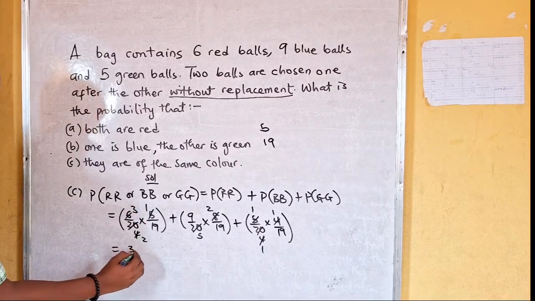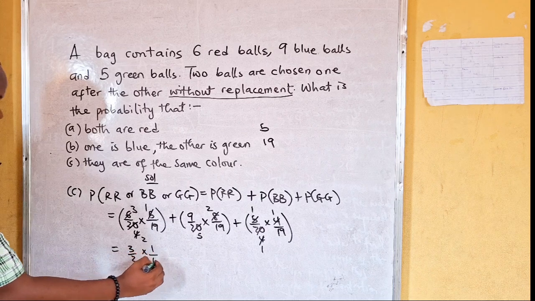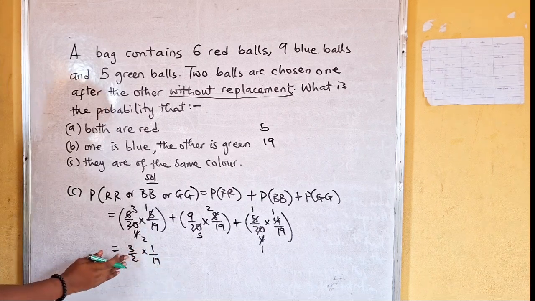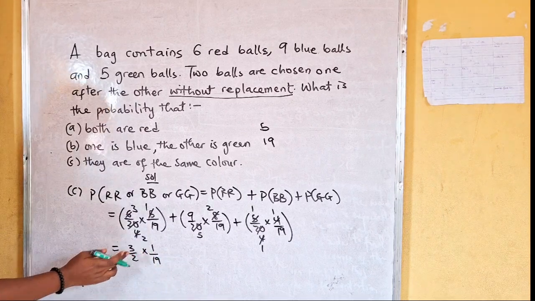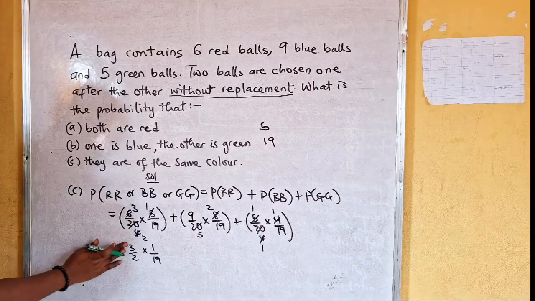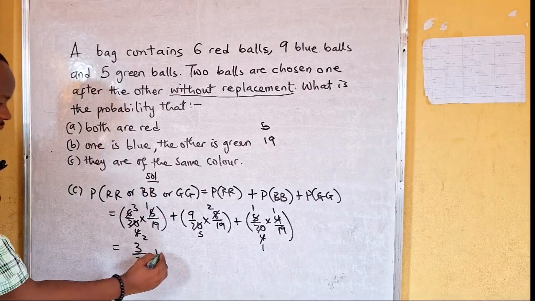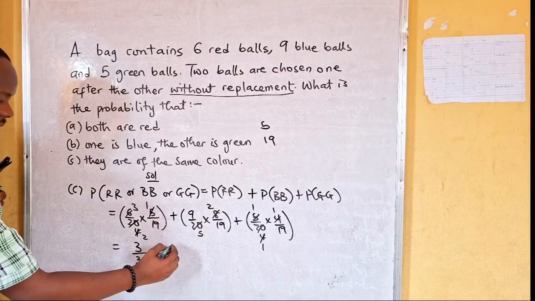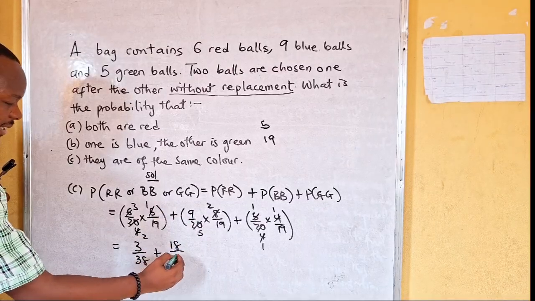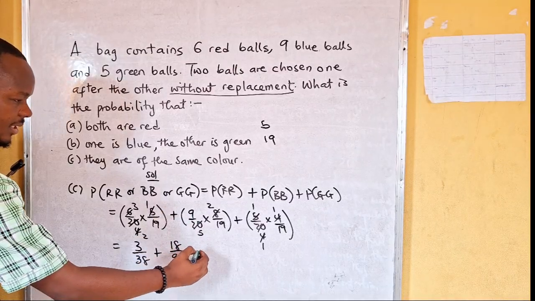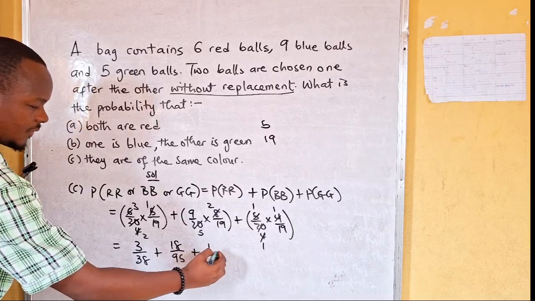So you have 3 over 2 times 1 over 19, so it's 3 over 38. So just 3 over 38 here, plus 18 over 95, then 1 over 19.